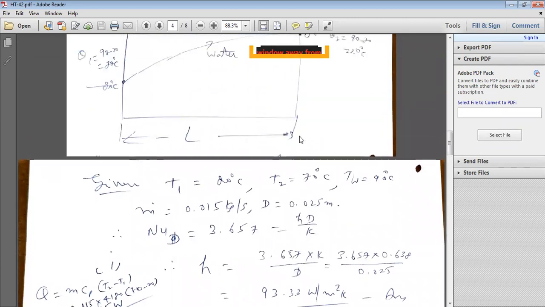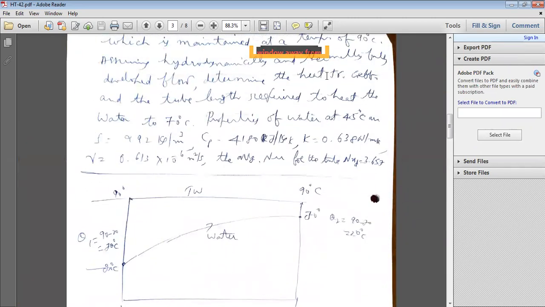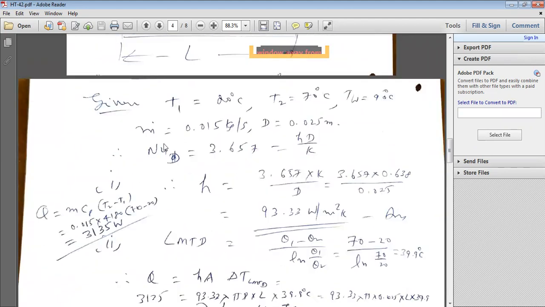First bit, calculate the heat transfer coefficient. hD by k is equal to 3.657. Therefore h is equal to 3.657 into k divided by D.